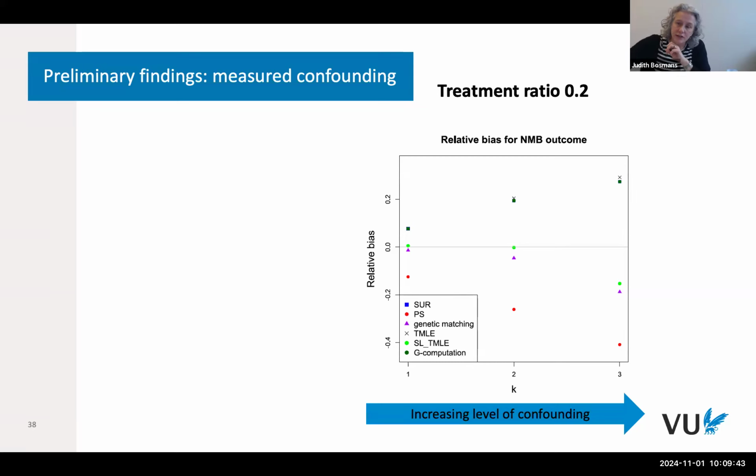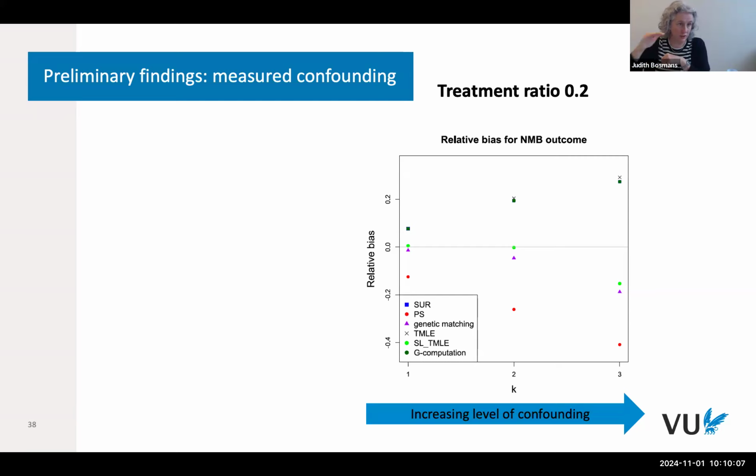And what you can see is on the x-axis, you can see increasing levels of confounding. So K1 is a low level of confounding, and K3 is a high level of confounding. And what you can see is that for all methods, as the level of confounding increases, the bias of the outcomes increases.